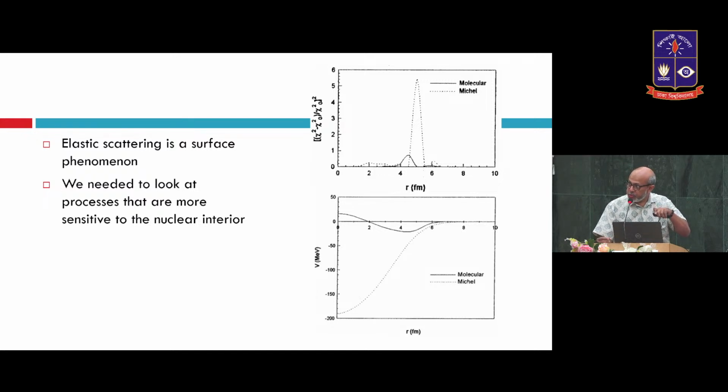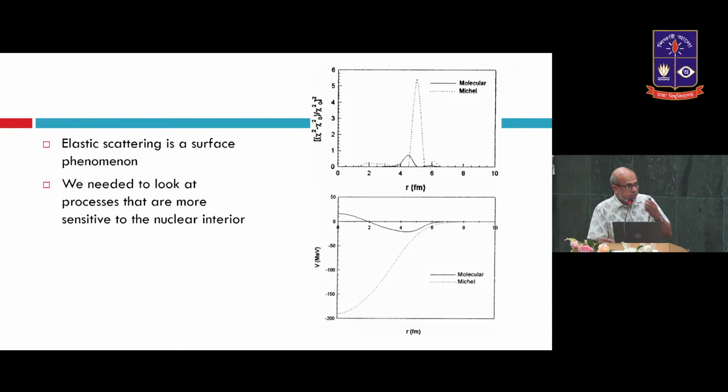And you see that the scattering is most sensitive to this area, which is where the two potentials are very similar. So you can't differentiate between these two potentials by looking at a process that depends here. But you need to look at processes that are sensitive to the nuclear interior. So that's why we needed to look at processes that are more sensitive to the nuclear interior.